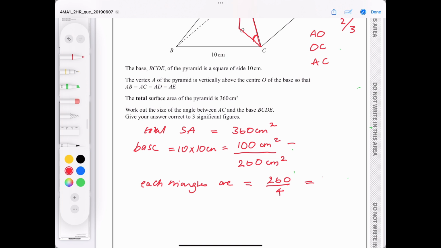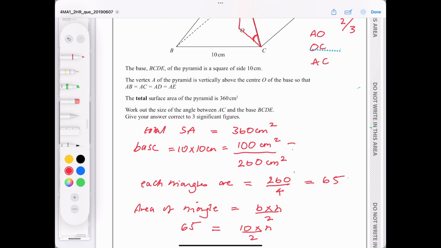Yeah. Now we know that the area of a triangle equals base times height over 2. So we know that 65 equals 10 times h over 2.